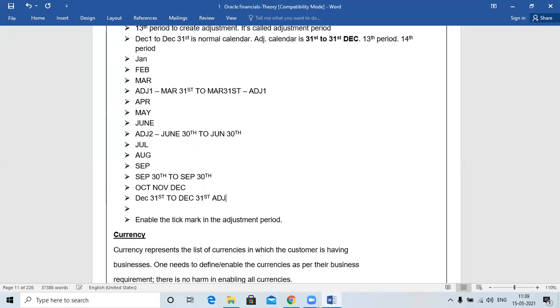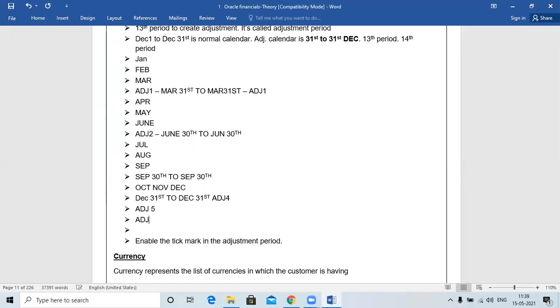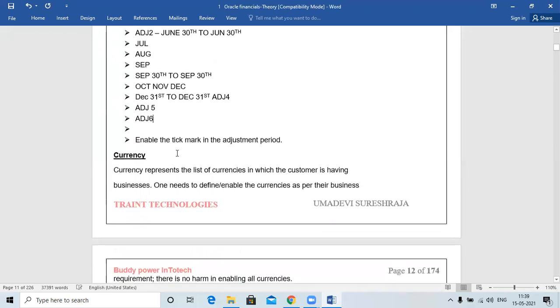This is adjustment 4. So these are all quarterly adjustments. What about the yearly adjustment? You can have adjustment 5, adjustment 6, whatever adjustments you want. So 6 adjustments for 12 months makes 18 periods. You should know that the more you add, the more the complication. You have to enable the tick mark.